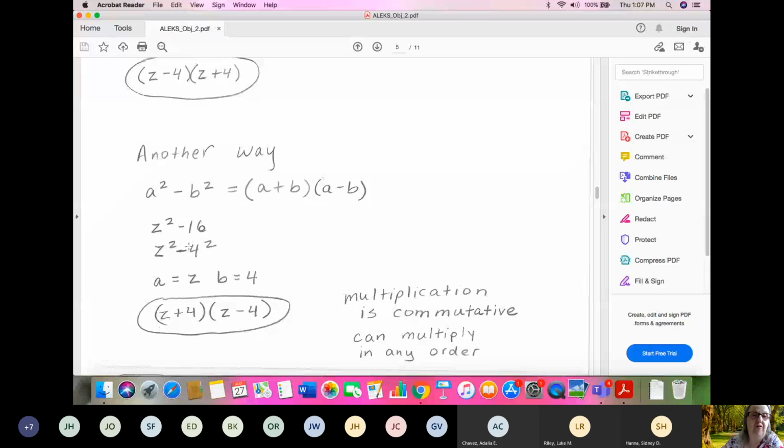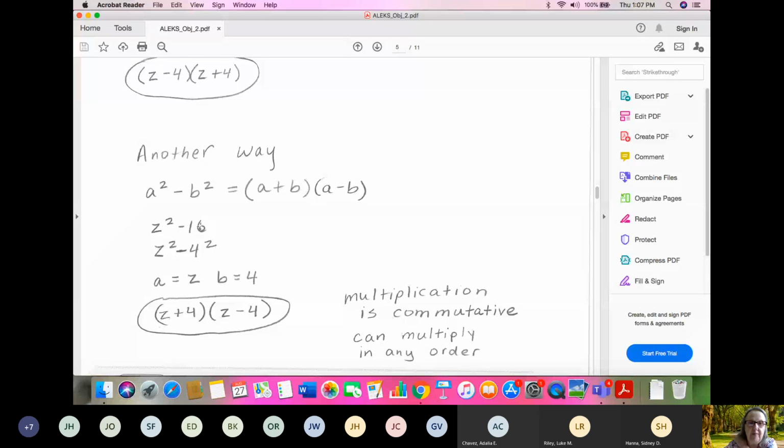A negative is just a -1. So we could put a -1 in here, and that would show you that that's a -1, not a -16. Your work with this is a positive 16 to get this 4 squared. So our A is Z, our B is 4.